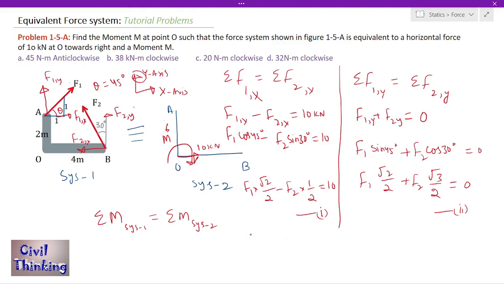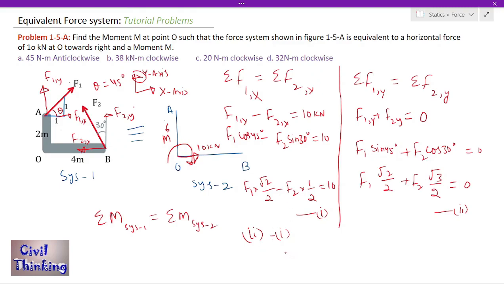Let us subtract equation first from equation second, okay. Equation second minus equation first: f1 square root of 2 by 2 will cancel out, right? Then we will have f2 root 3 by 2, then this is negative and we have to subtract them, so negative and negative will be positive.